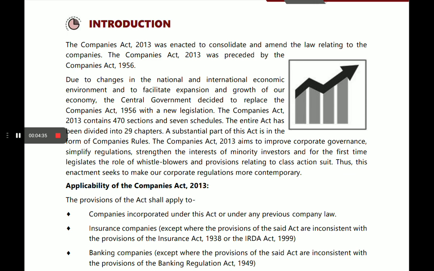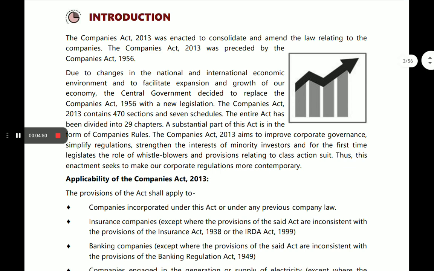Thus, this enhancement seeks to make our corporate regulations more contemporary.